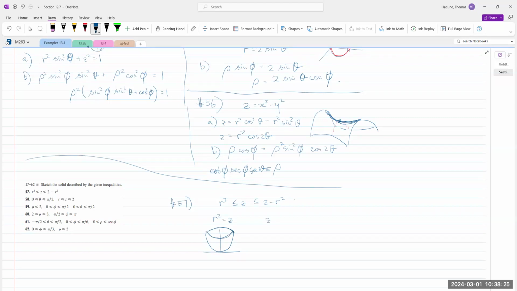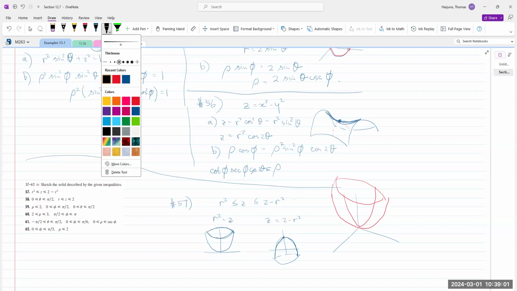And the second surface is also a paraboloid, but it's upside down. The vertex is 0, 0, 2, right? Now z has to be between these two. So if I put things together, one of them bounded below, and then another one bounded above.